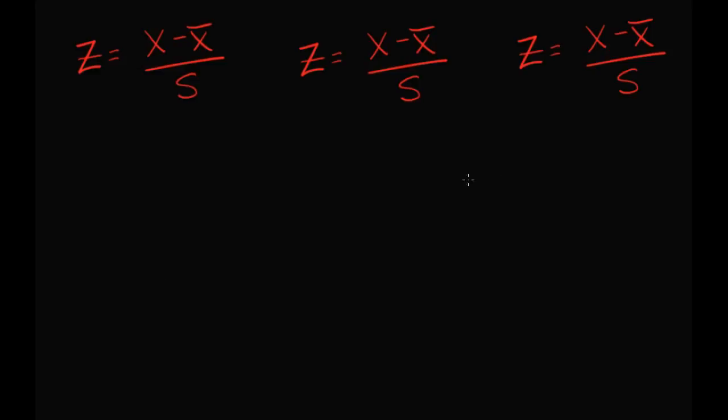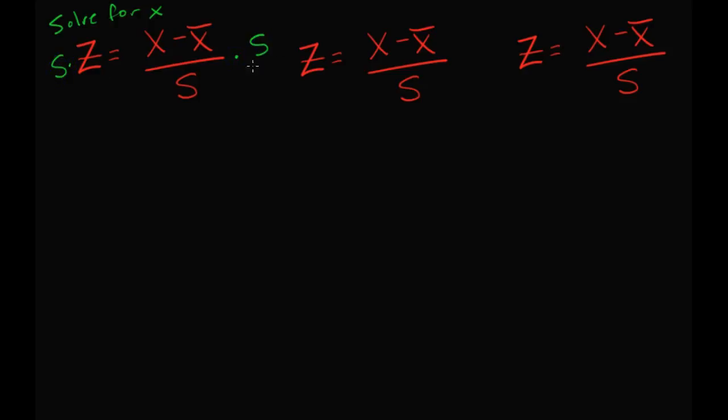The last couple of examples that we're going to look at are going to involve a little bit more complicated process. We talked about a problem like this the other day. Suppose we want to solve for x. That means we need to get this x by itself, but we got all of this other stuff hanging out with it. One way to deal with the problem is multiply both sides by s.